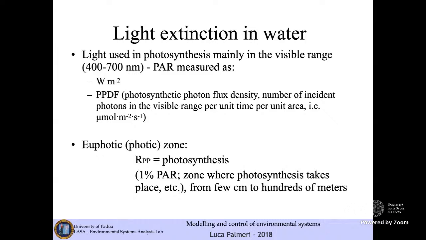Then we have another definition, that is the definition of the euphotic or photic zone. In this case, we may define the euphotic zone as a part of a water body in which, for example, the respiration is exactly equal to the energy produced by photosynthetic activity.